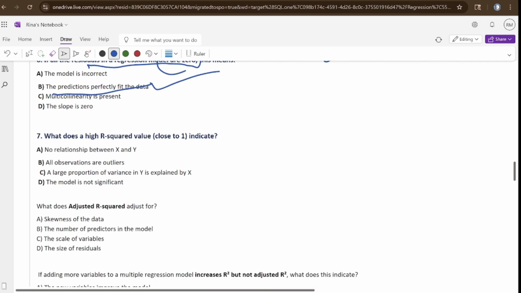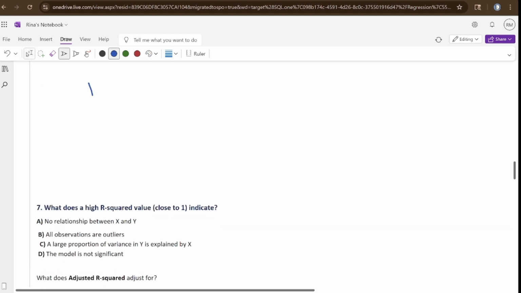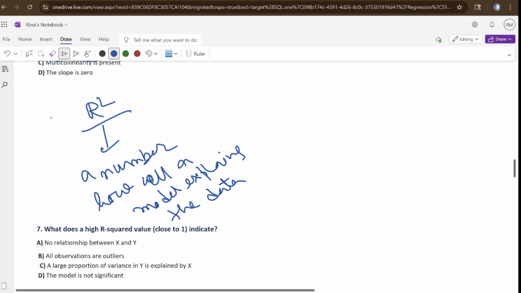Fine. Now next question. What does a high R squared indicate? See, what is R square? R square is a value, or we can say that it is a number that shows how well a model explains the data. Okay, if R square is 1, that means the model explains 100% of the variation.